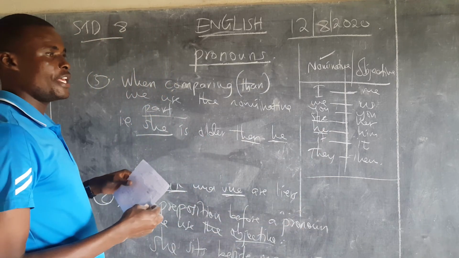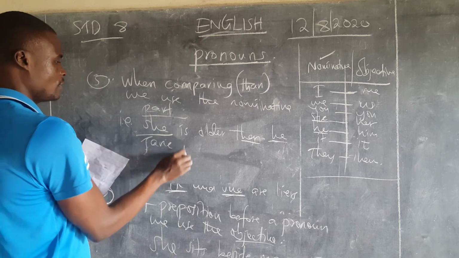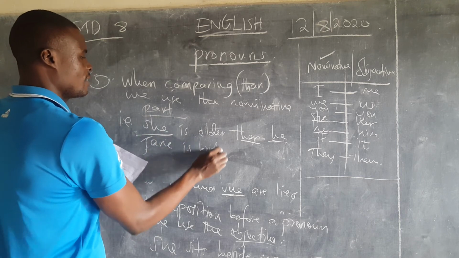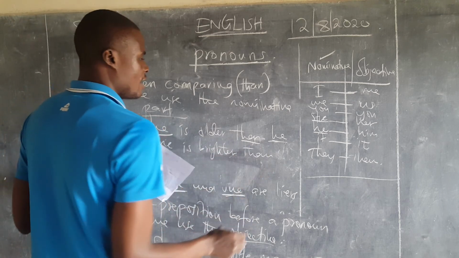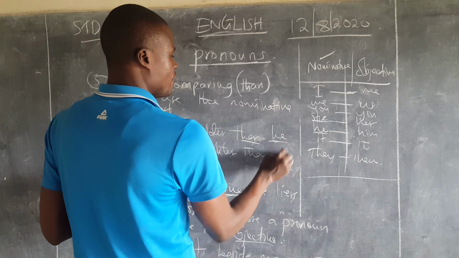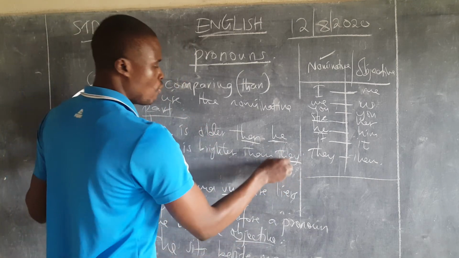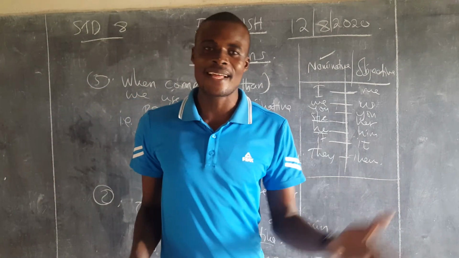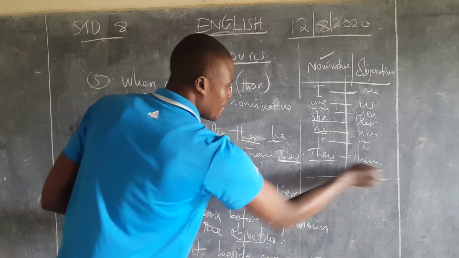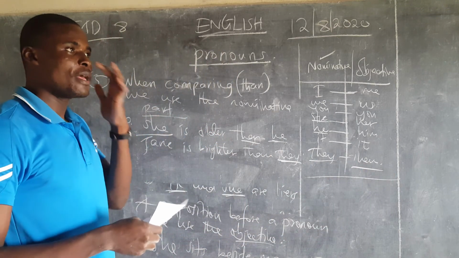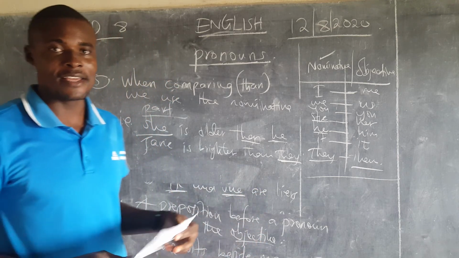Or Jane is brighter than they. So we are comparing Jane and a number of people. Don't say Jane is brighter than them. That is what we have been doing a number of times. Jane is brighter than they.